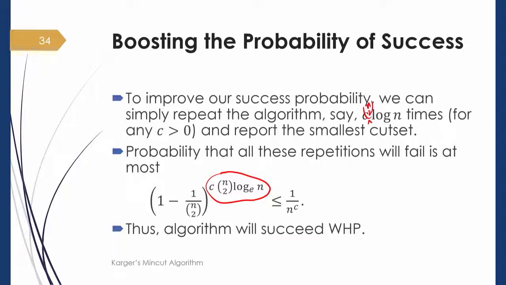Here I am using log base e, and this ends up being at most 1 over n to the c, which is what we need for high probability. So, this gives us a guarantee with very high probability that the algorithm will indeed find the particular cut set C star.